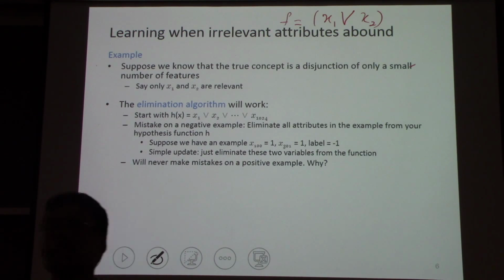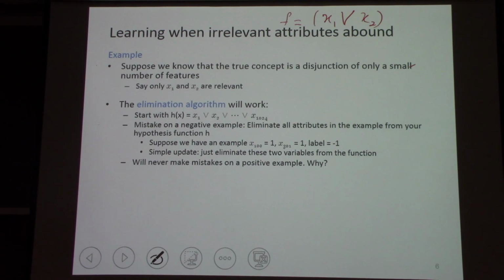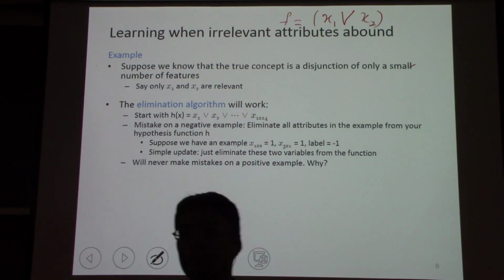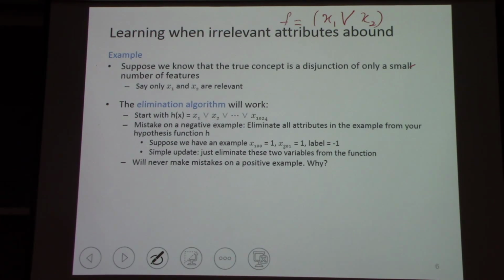What you do is you start off with a guess of the function. You start off with this guess that the true function, or your current function, is h of x, which is the disjunction of all possible Booleans that exist, x1 through x1024. And a new example comes in. Let's say it is x100 equals 1, x300 equals 1, and the label is negative.